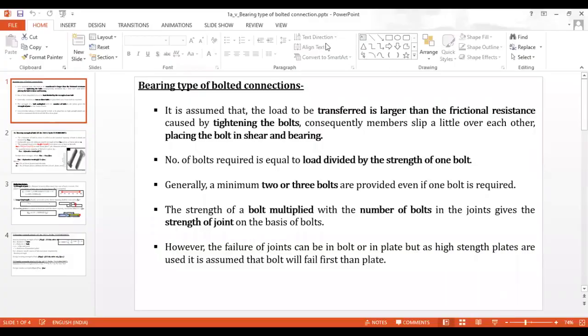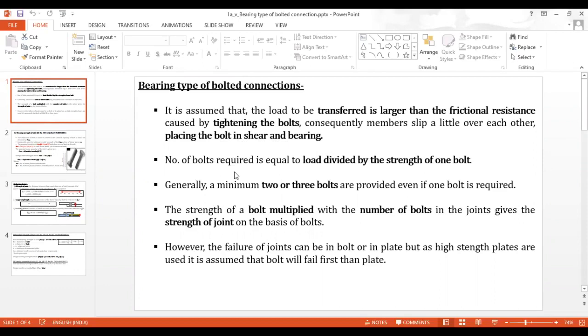Now we will study the bearing type of bolted connection. It is assumed that the load to be transferred is larger than the frictional resistance caused by tightening the bolts. Consequently, the members slip a little over each other, placing the bolt in shearing and bearing.